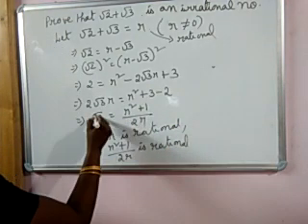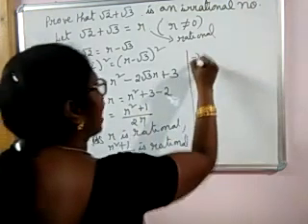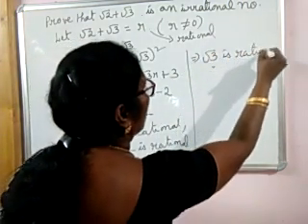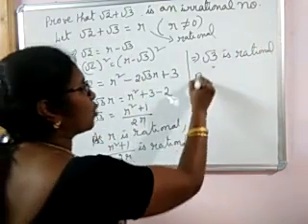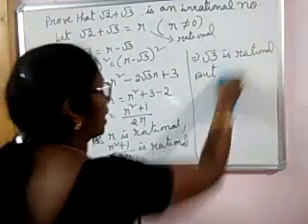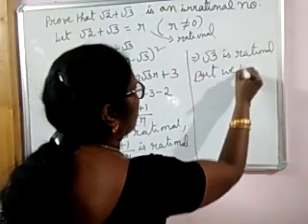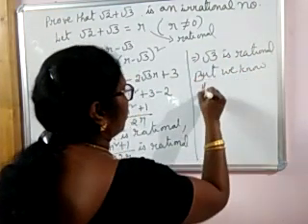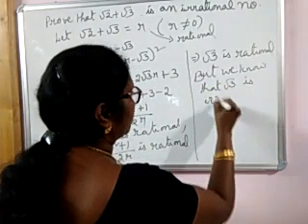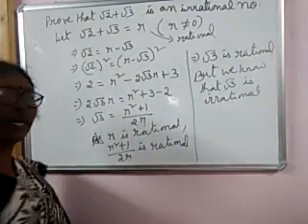If this is rational, it means root 3 is rational, because this is equal to this. That implies root 3 is rational. But we know that root 3 is irrational. If root 3 is irrational, how can this be rational?